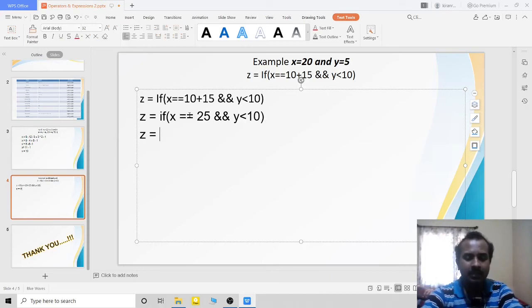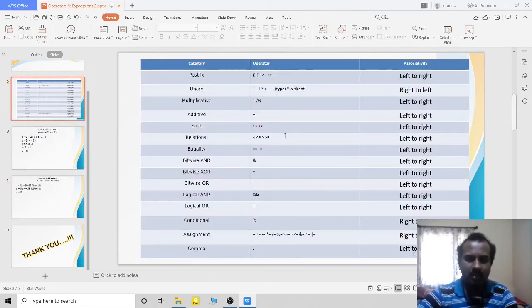Now let me rewrite that again. z is equal to if. Now I have double equal to and lesser than. Double equal to has lower precedence, but the lesser than is relational, which has higher precedence compared to the equality, that is double equal to.